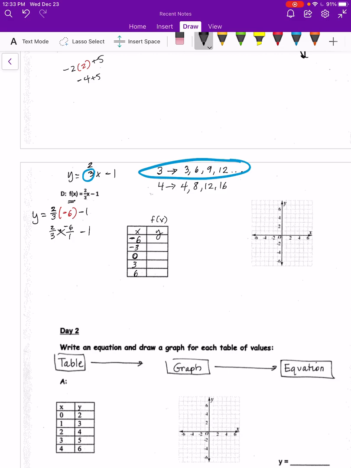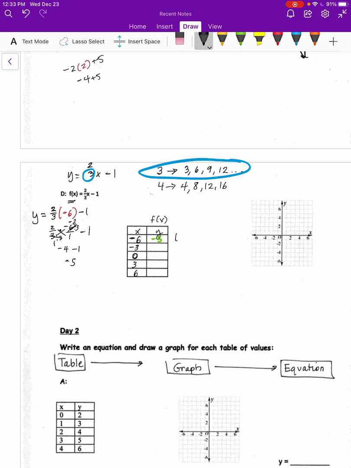I can't cross cancel 2 and 1, but I could divide these both by 3. And 3 divided by 3 is 1. -6 divided by 3 is -2. And I have 2 times -2, which is -4/1, which is just -4. And -4 minus 1 is -5. So when I input -6, I get out -5.